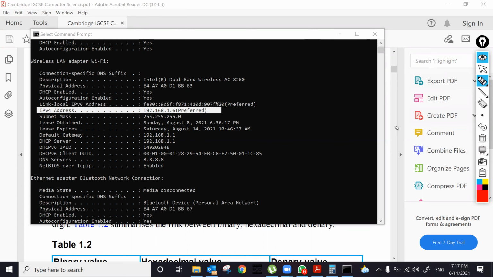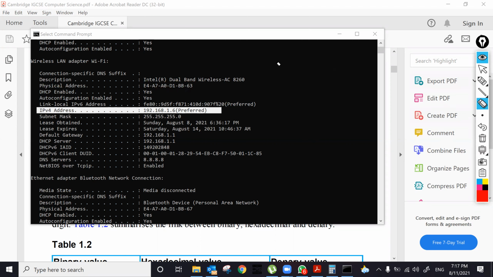But we are searching for the hexadecimal. Where is the hexadecimal? Here you will see this is the hexadecimal number system, which is assigned to what is called the physical address.